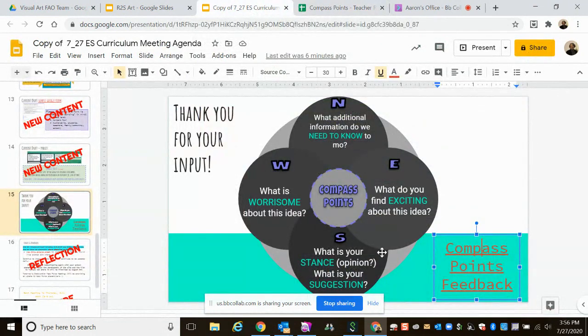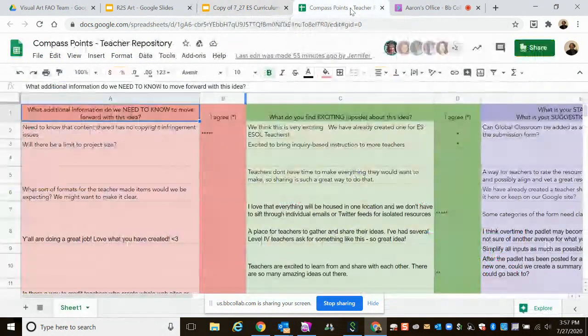So again, another great little strategy where you just provide that link right here on the slide deck that jumps them over to another file where they have those editing rights. And as the teacher, while this is happening, you can literally watch the spaces being filled in.